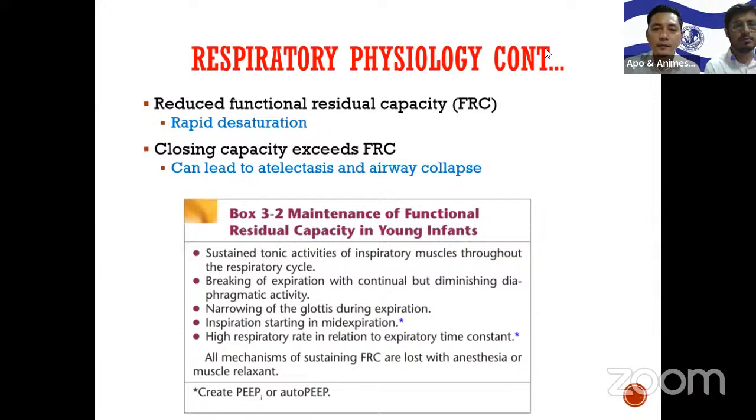But all these mechanisms which sustain the FRC in babies are lost with anesthesia or muscle relaxants. Therefore, in anesthetized babies, the FRC is always reduced.